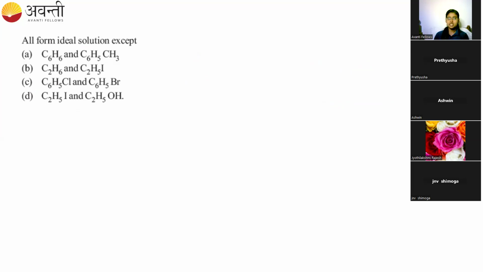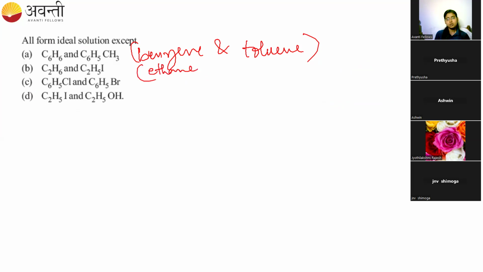First we have benzene, C6H6 is benzene. And C6H5CH3, it is called toluene. Okay. And C2H6 is ethane. And C2H5I is iodoethane.